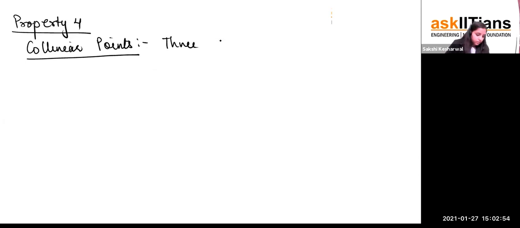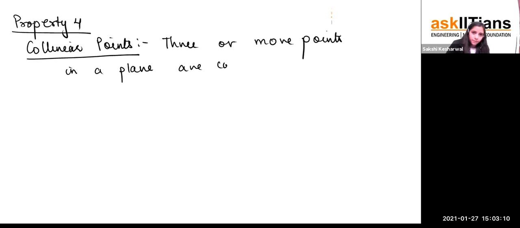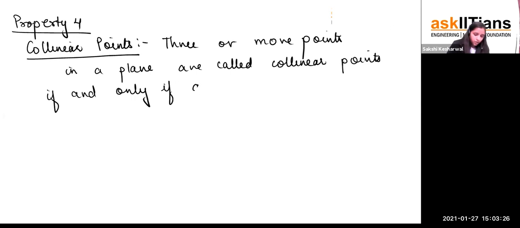Three or more points in a plane are called collinear points if and only if all of them lie on the same line, right?